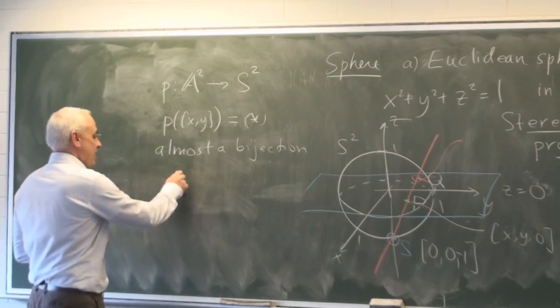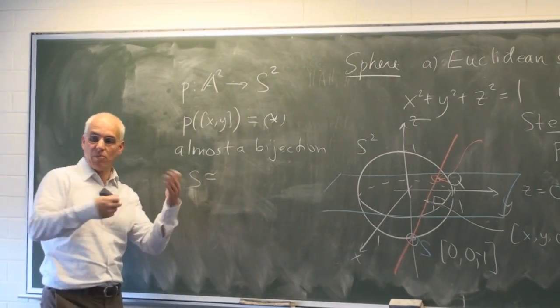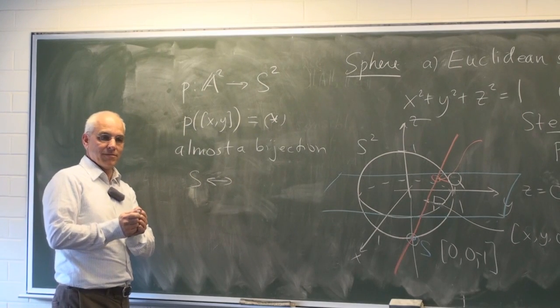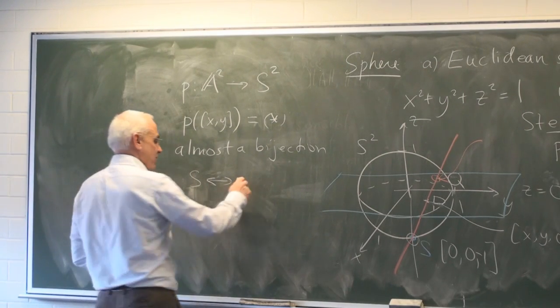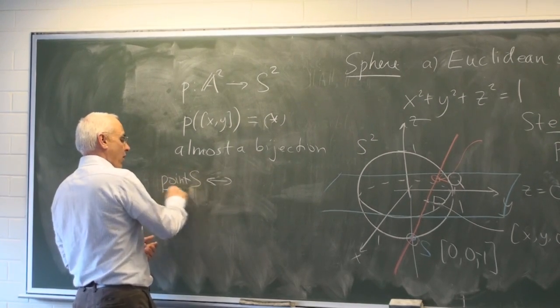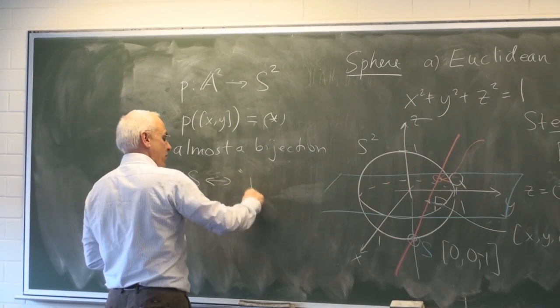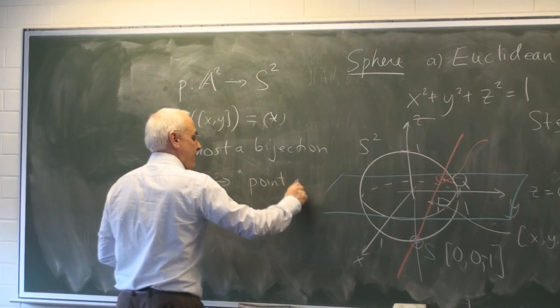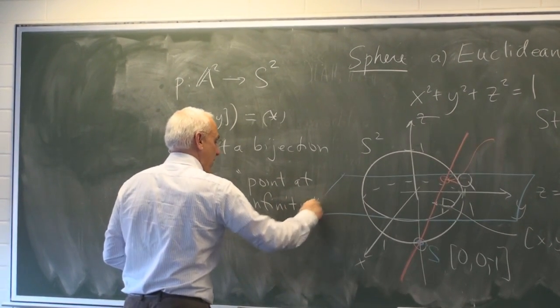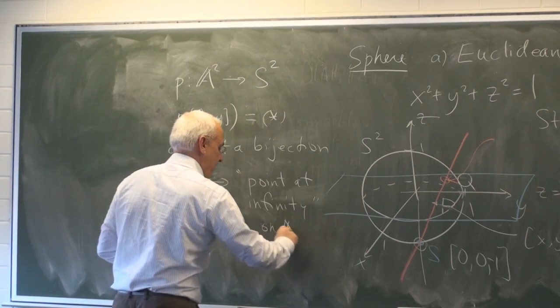In some sense, S corresponds to an additional point at infinity on the plane. So the point S, our South Pole, corresponds to a point at infinity on the plane.